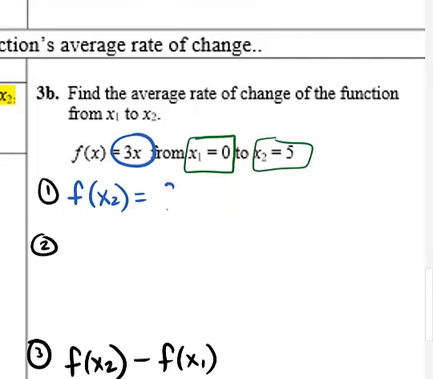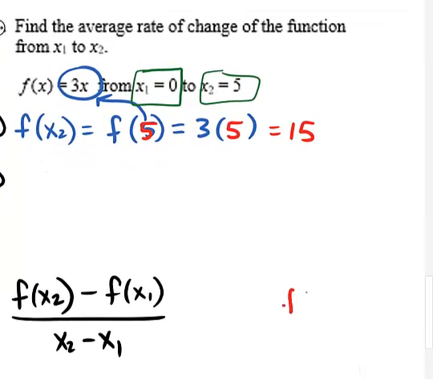F of x2, but x2 was 5. So I'm going to substitute 5 into this guy. That would be 3 times 5, so 15. Okay, now I know. Maybe I can gather that information down here. F of x2 is 15. Or you can just throw that in right here. This guy is 15.